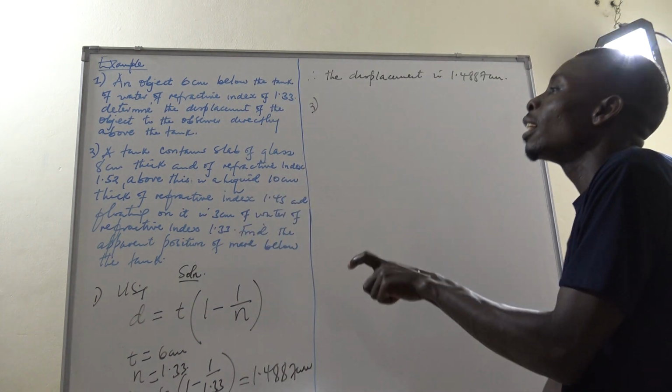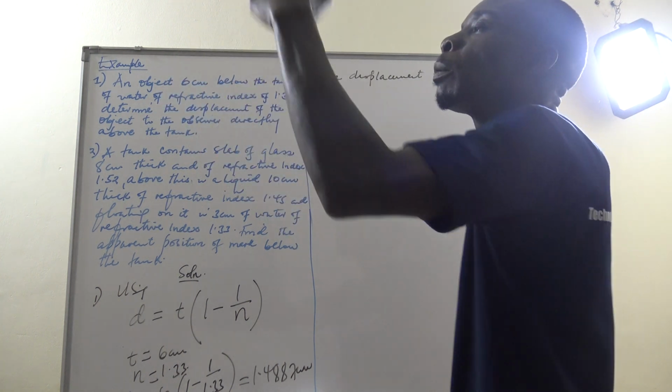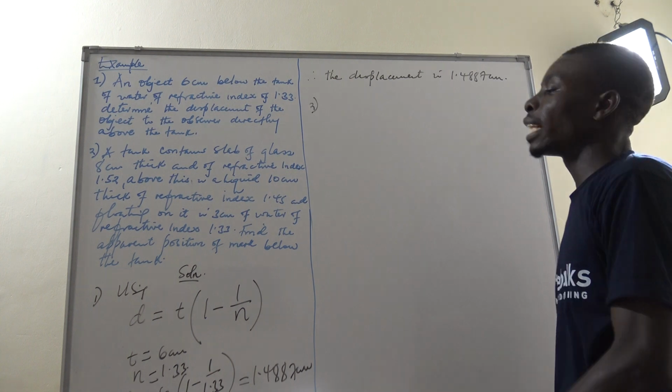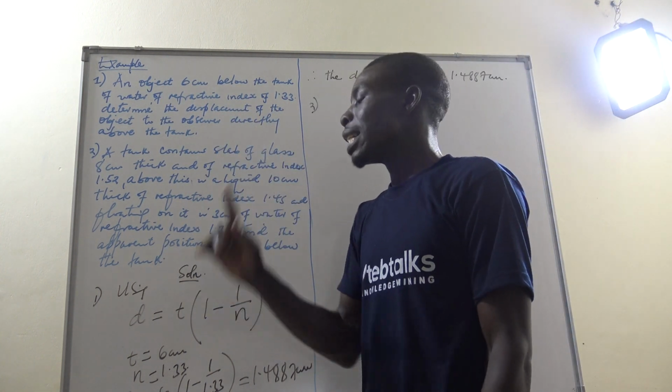How much will this material displace? How much will this one displace? So you keep on summing the displacement of every layer of material and you get the total displacement. That is number 1.